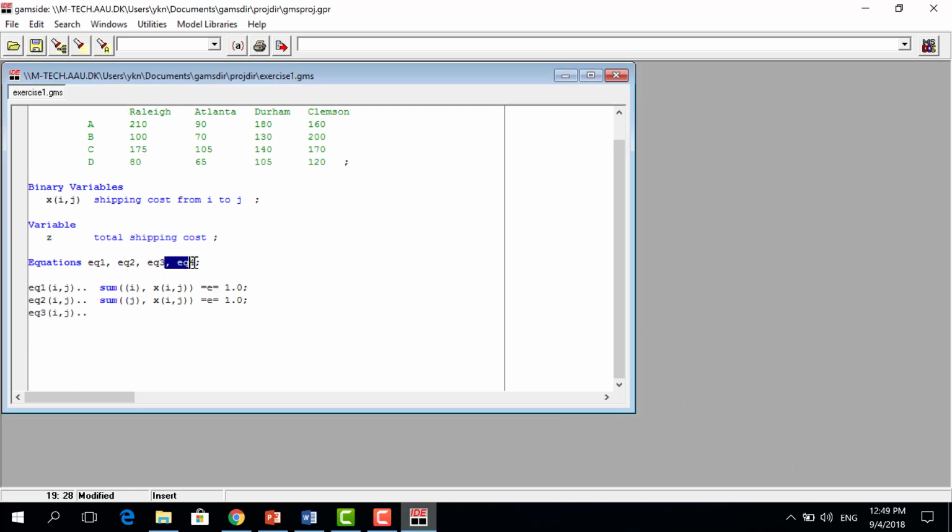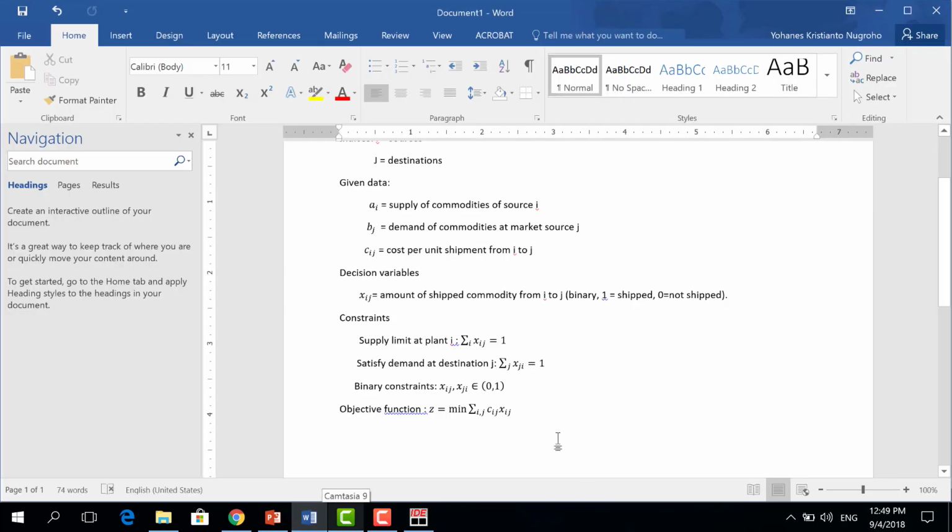In that case, we have only 3 equations here. We can delete this one. Now the remaining equation is only the objective function. What is the objective function?